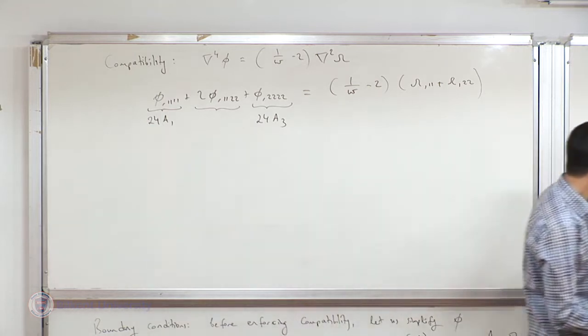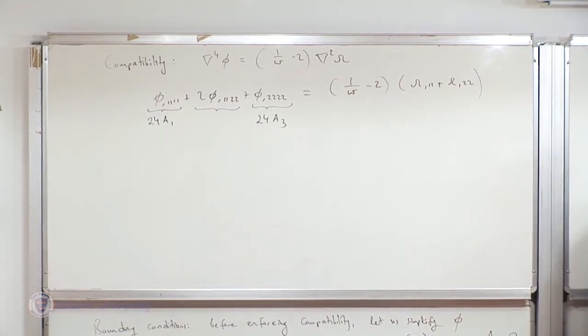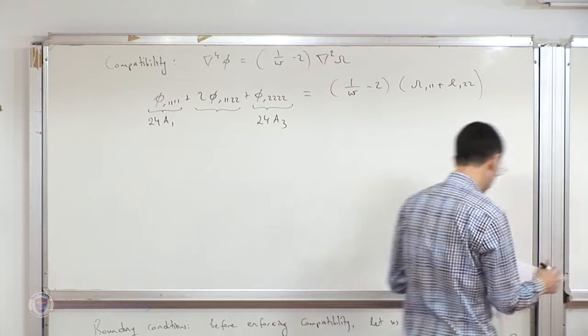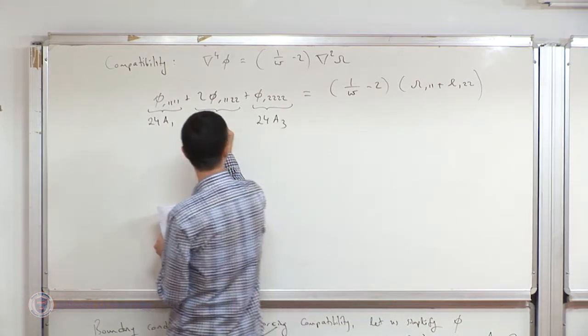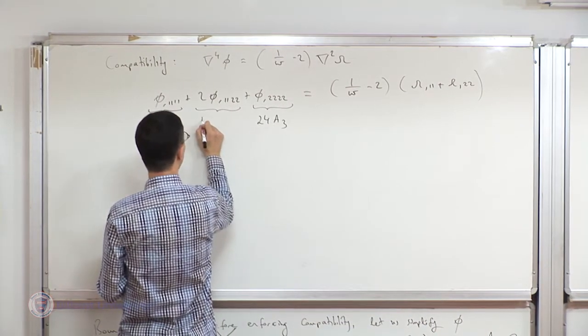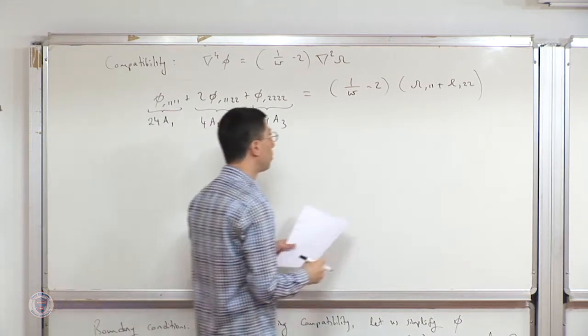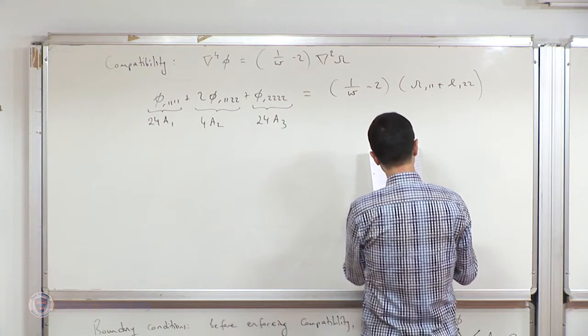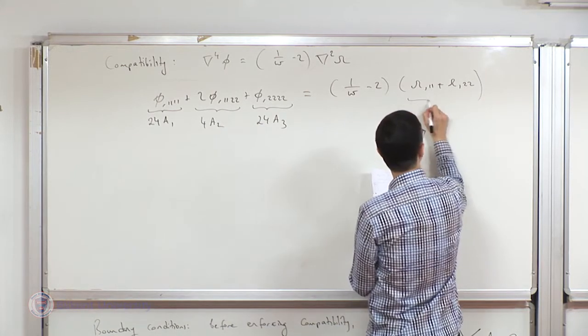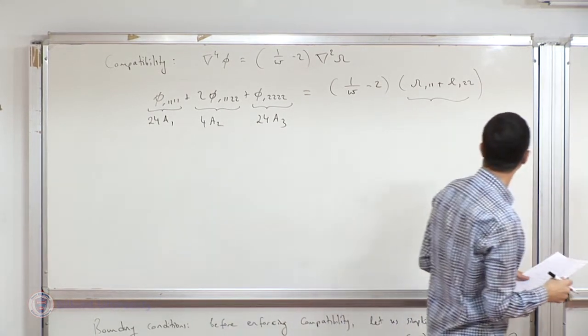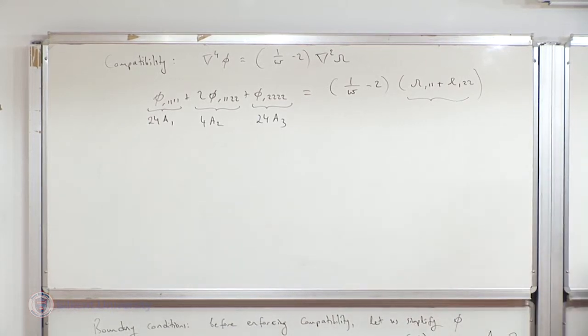That term is associated with A2, but that's identically 0, so I don't need to worry about that. But let me write it anyway. So we would have a 4A2, but that is already 0, we know. Okay, then that term, phi comma 1 1, omega comma 1 1, omega comma 2 2.